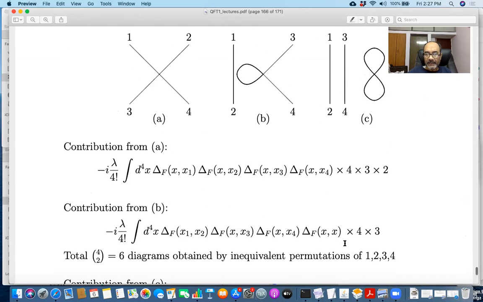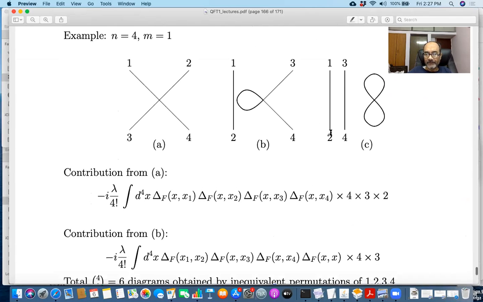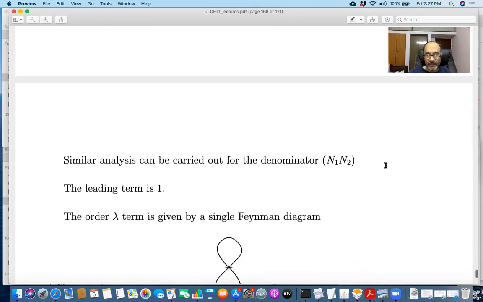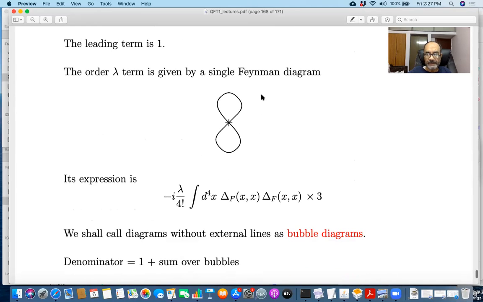Now, when you actually do the calculation by dividing by the denominator, you will actually ignore this diagram. And for that, you will have to use the fact that the combinatoric factor of this diagram is the product of the combinatoric factor of this diagram and the combinatoric factor of this diagram. And this is indeed true, because we also separately counted the combinatoric factor of this diagram. That's also 3.